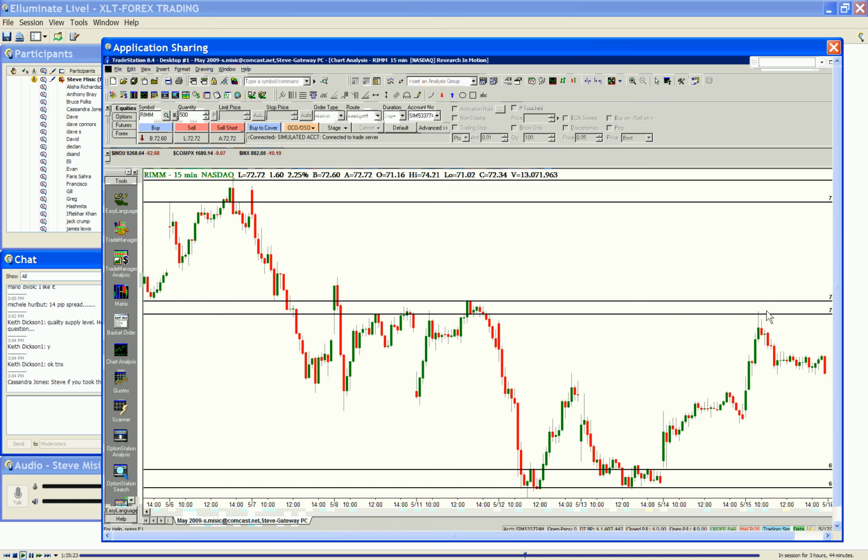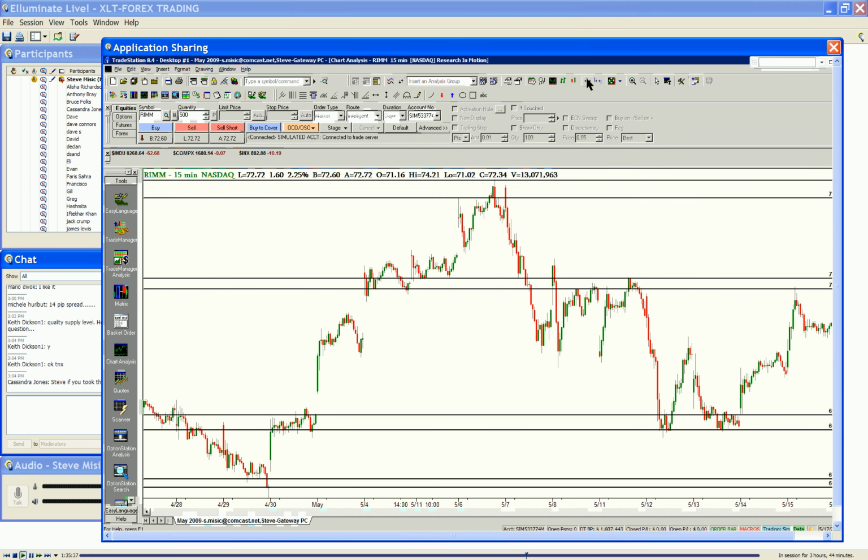And if you want to take that trade, there's your entry, with your stop loss above these highs. Okay? And really, the key that catches my eye was this big move here. So that would be what I would consider to be a quality supply level.